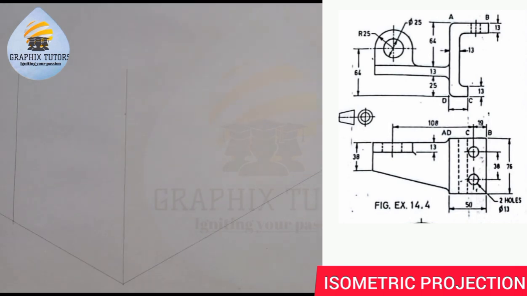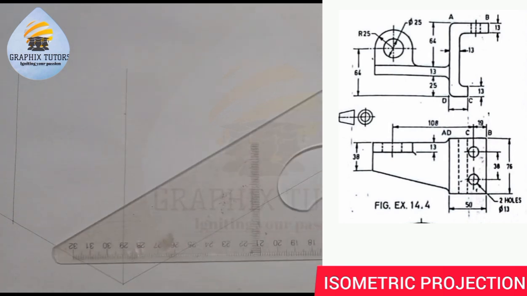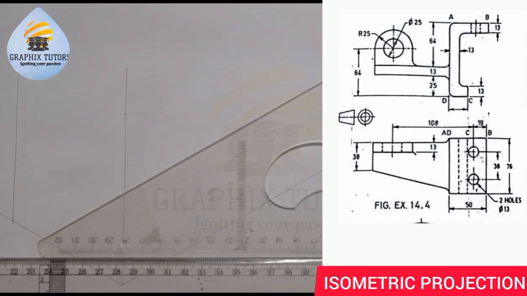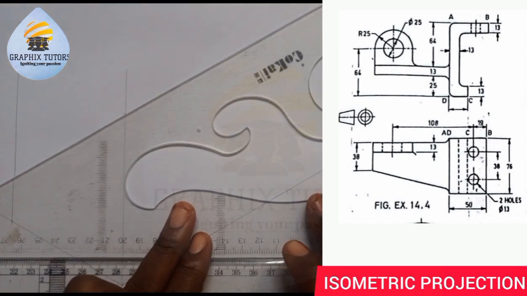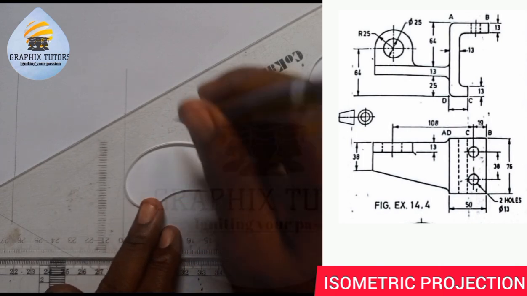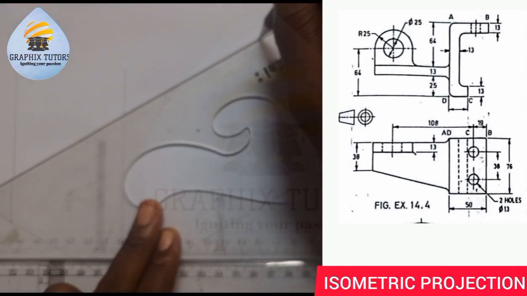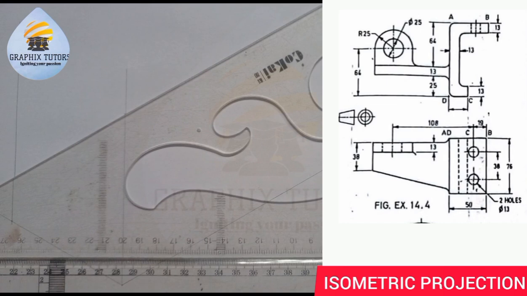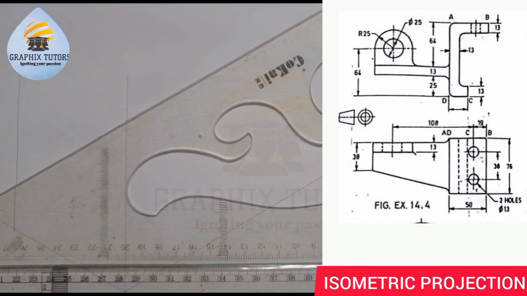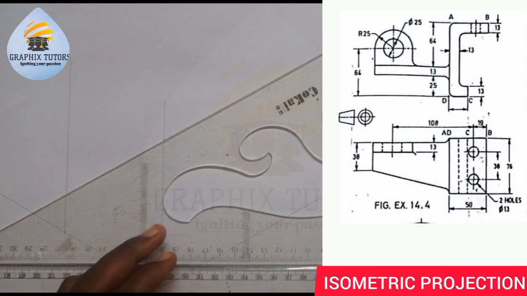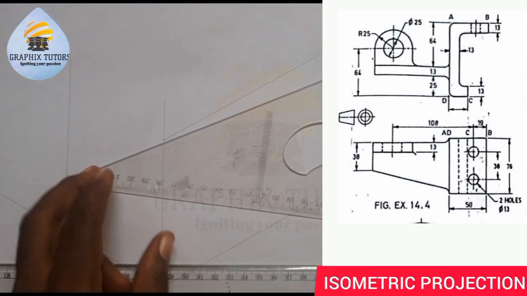Now I will do the same here. With the help of my 60° set square on my T-square this way, I'll project this point straight down to this point. Let me bring it down so you see what I'm talking about. Hope you can see that. So I'll do the same thing here too.